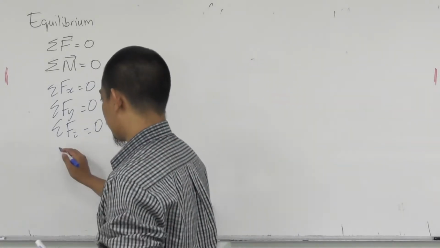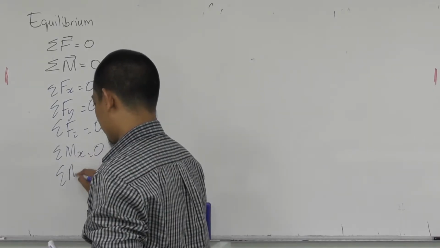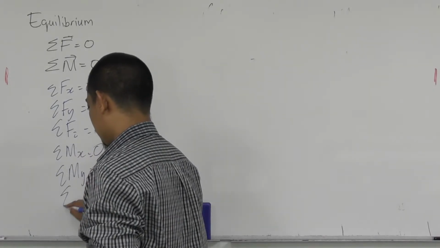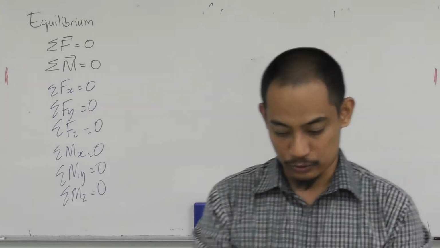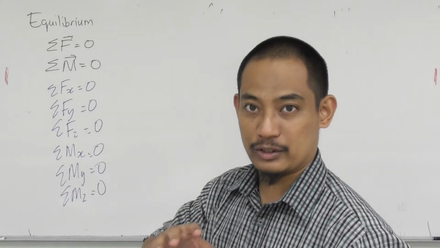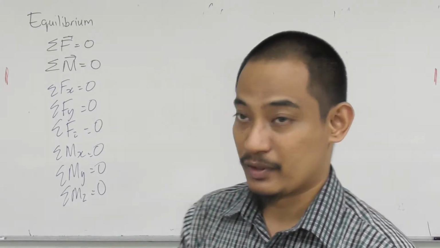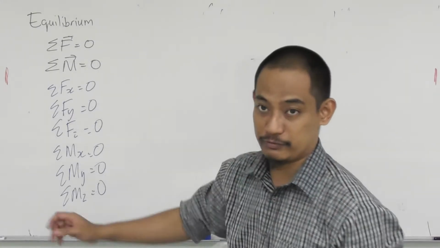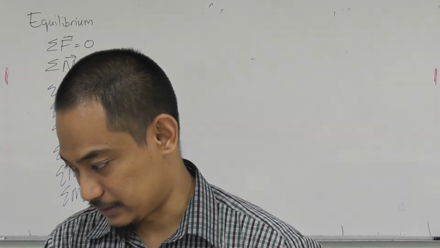And in terms of moment, you have summation of Mx equal to 0, summation of My equal to 0, and summation of Mz also equal to 0, right? So when everything equals 0 there, that is where equilibrium is achieved, right? So when the question says this is in equilibrium, then all of this must be achieved, right? Okay, so that's the understanding, right?